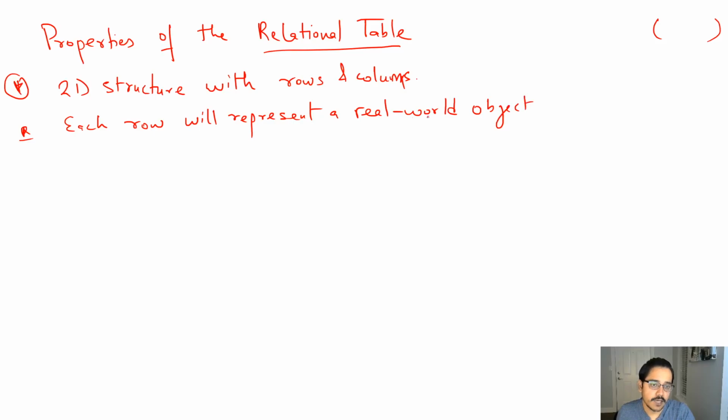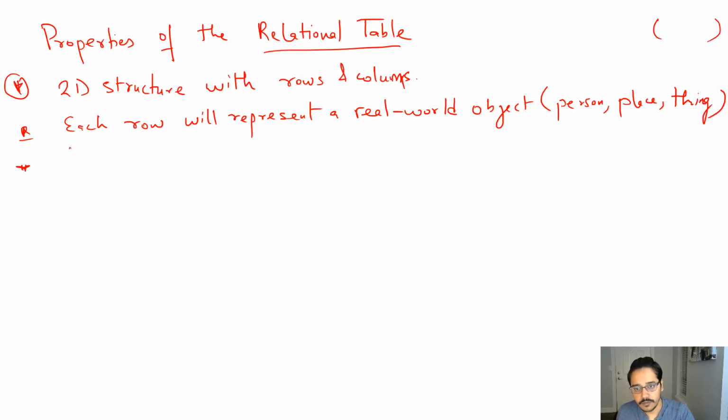Okay. Sometimes you will see that the nature of the tables that you design might not necessarily reflect a real-world object. But as long as you're representing, from each row, an object that can be a person, place, or a thing, then this property holds.